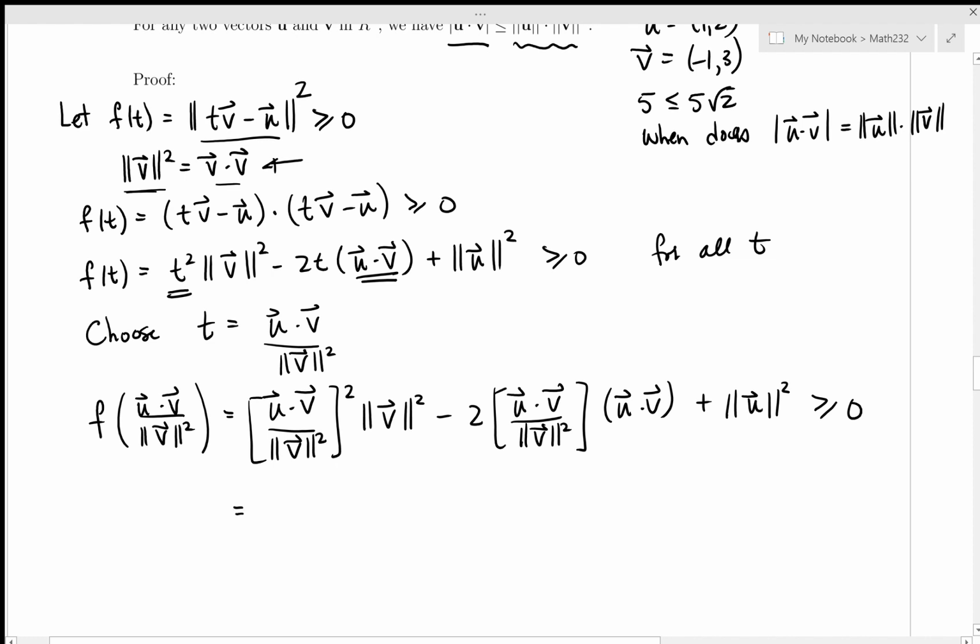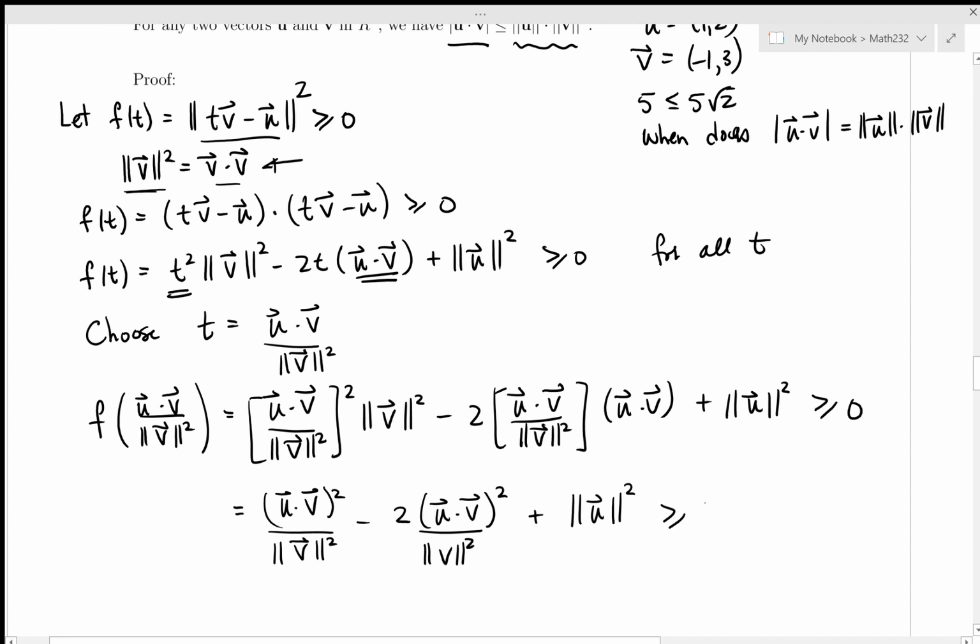I do a little bit of arithmetic here, and I get this looking like this: u dot v, squared, divided by the norm of v squared, minus 2 times u dot v squared over the norm of v squared, plus the norm of u squared.